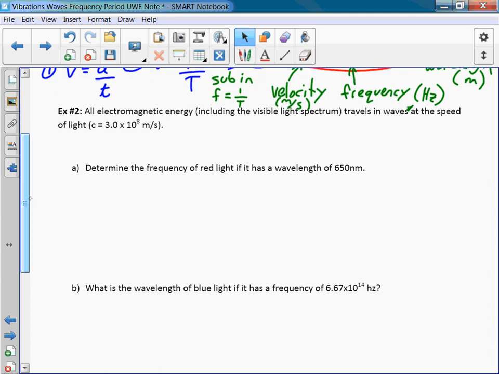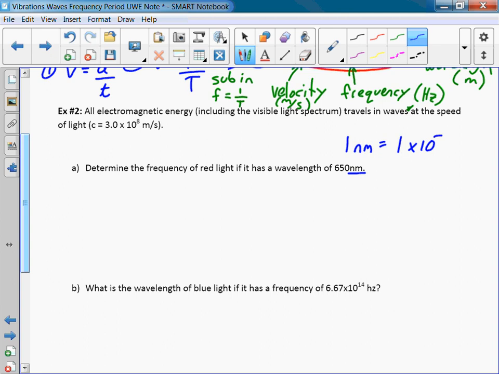Determine the frequency of red light if it has a wavelength of 650 nanometers. Now, 1 nanometer is 1 times 10 to the negative 9 meters. It's just a metric prefix. So the velocity of the wave is equal to the speed of light.